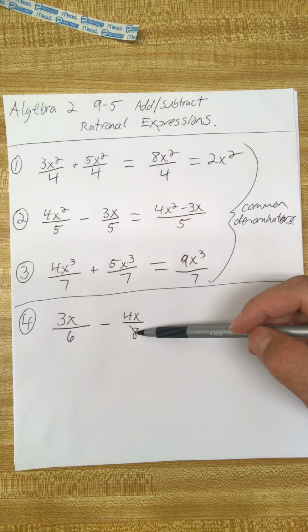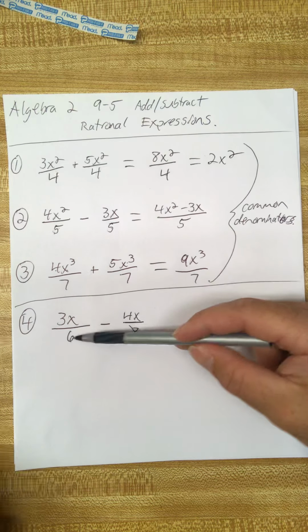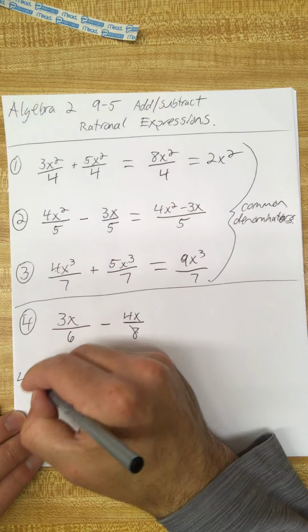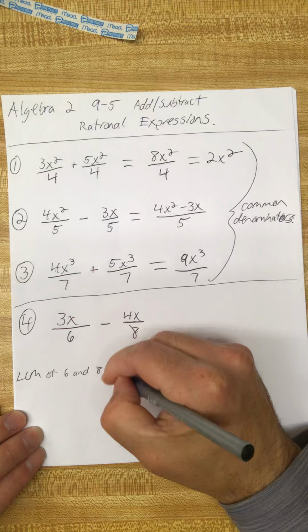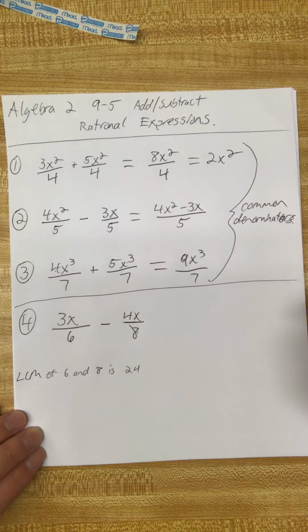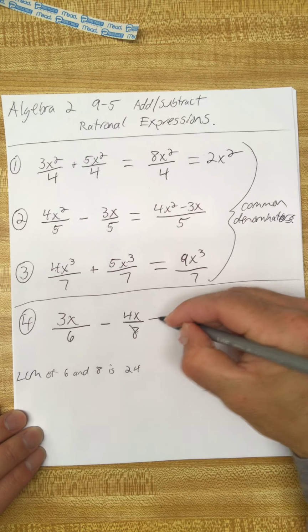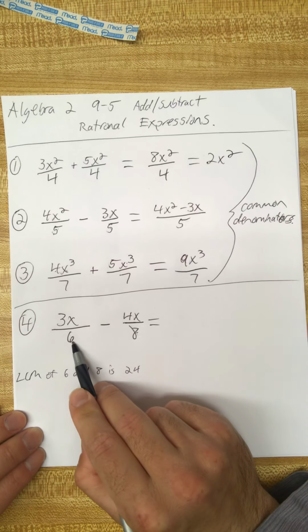So our first job then is to get ourselves a common denominator. So 6 and 8, LCM, least common multiple of 6 and 8 is 24. Okay, obviously they have a lot more common multiples, but 24 is going to be your least common multiple. You always want to go with the least one, just so it's better to deal with smaller numbers than larger ones. So I got to turn this into 24ths.